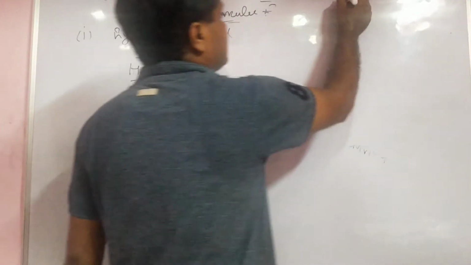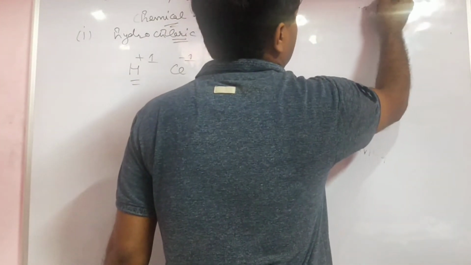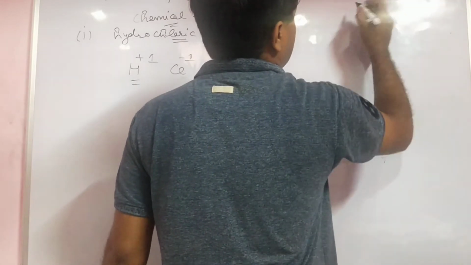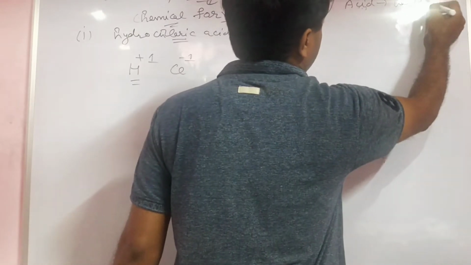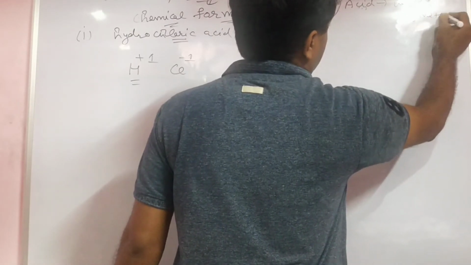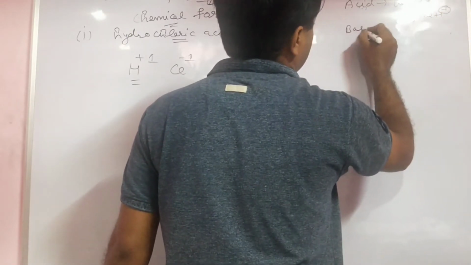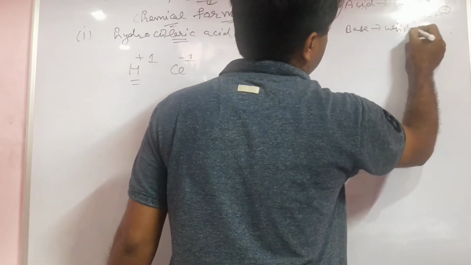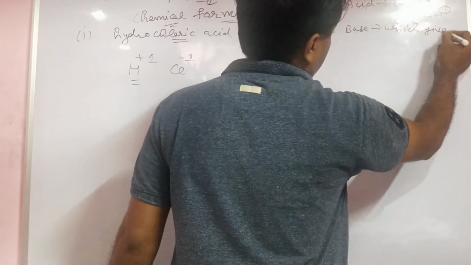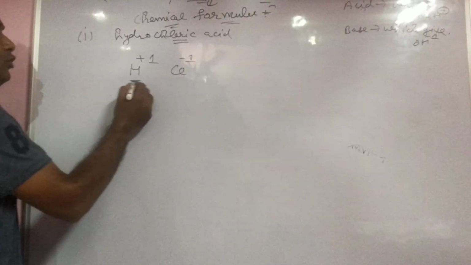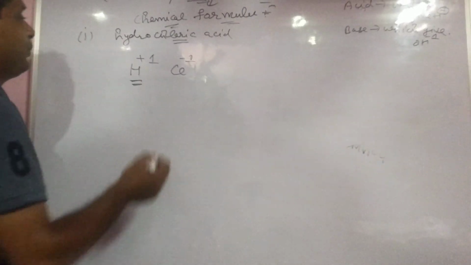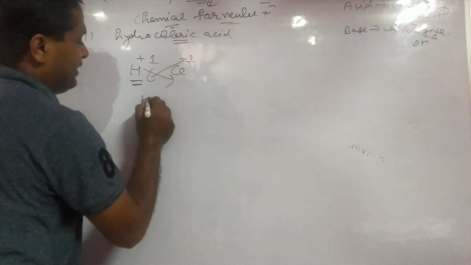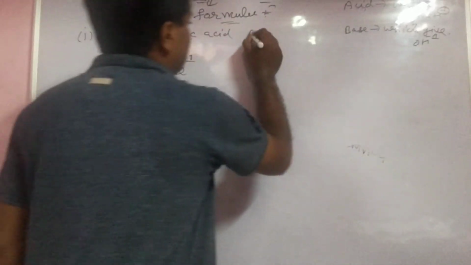The Arrhenius concept says an acid is which gives H positive, or a base is which gives OH negative. If you make an acid with chlorine, you always use the hydrogen positive ion. Then it becomes HCl. Yes, second.